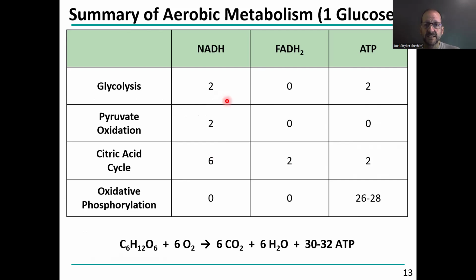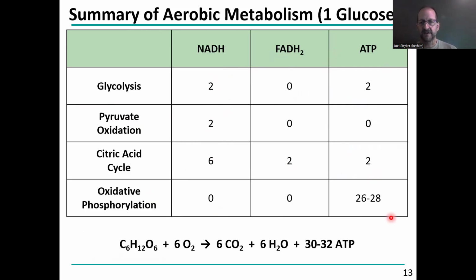So to summarize, we have these different energy molecules that are getting made in the different steps. So this is definitely a table you should know really well. Glycolysis is creating 2 NADH and 2 ATP. Pyruvate oxidation creates 2 NADH. Citric acid cycle is 6 NADH, 2 FADH2, and 2 ATP.